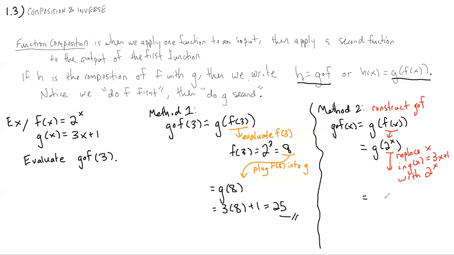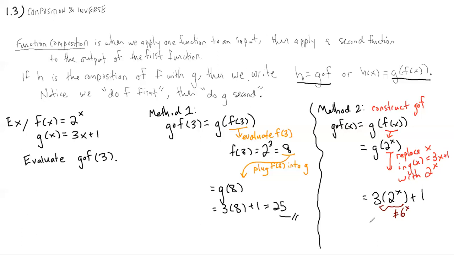And so that's going to be 3, and instead of x, it becomes 2 to the x, and then plus 1. So like this. Now be really careful. It's not at all the same thing. This is not 6 to the x, right? That 3 is not in the exponent, so just be careful of that. You just have to leave it 3 times 2 to the x.